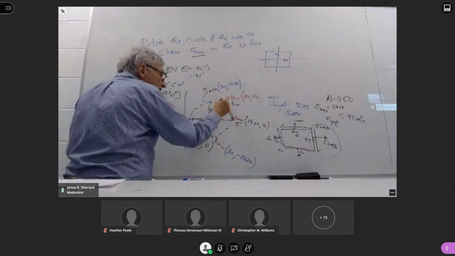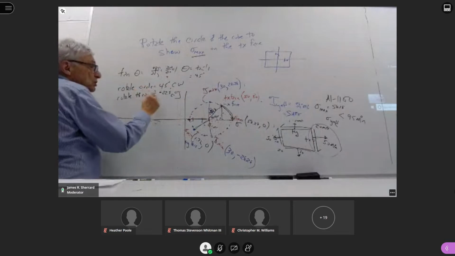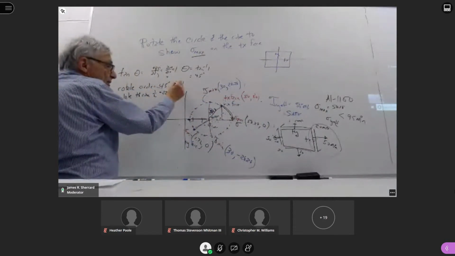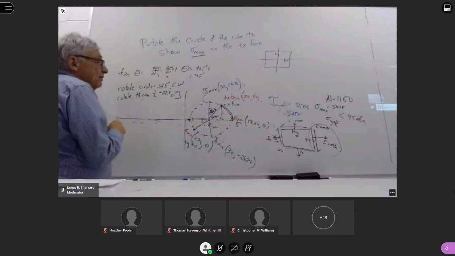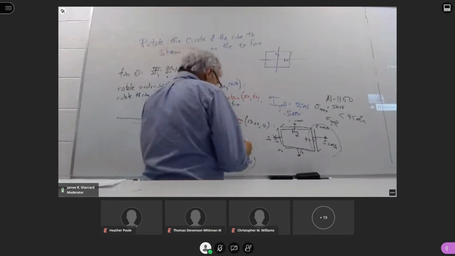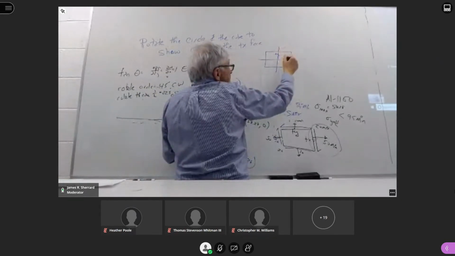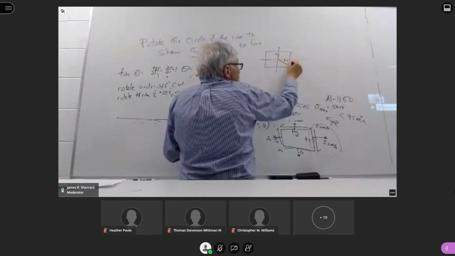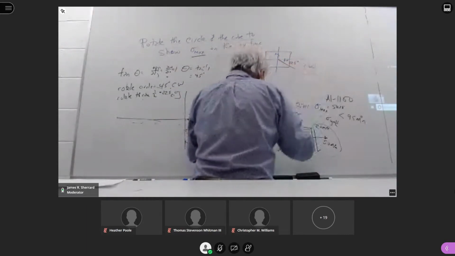And to rotate the plus x face to show sigma max, I've had to rotate this 45 degrees clockwise, which means I have to rotate the cube half of that, or 22.5 degrees clockwise. So that means I have rotated this plus x face 22.5 degrees clockwise.